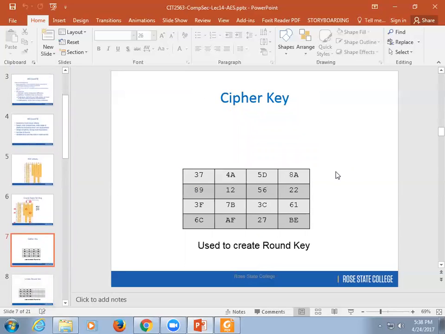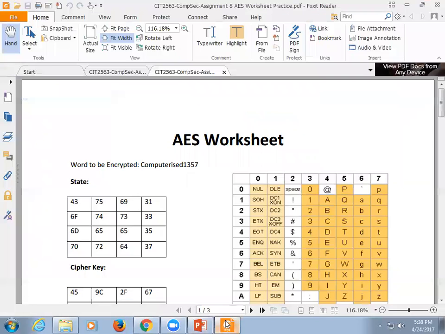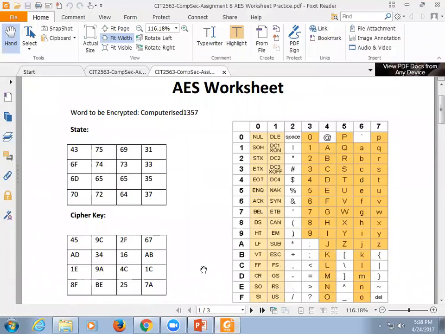We start with the cipher key. And actually, let me show you this sample here real quick. This is the prior worksheet the students did. The students would have to solve this one, but now I give it to you as a worksheet, and I'm going to tell you right now, those of you in pen testing realize the debacle we had with assignment 9.